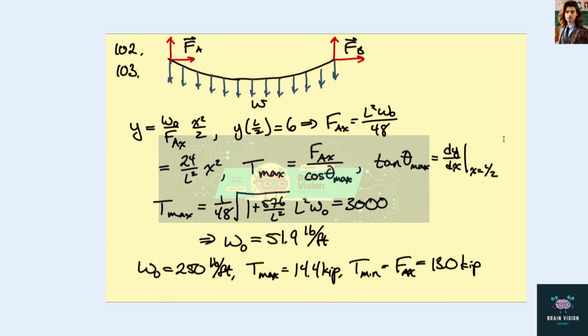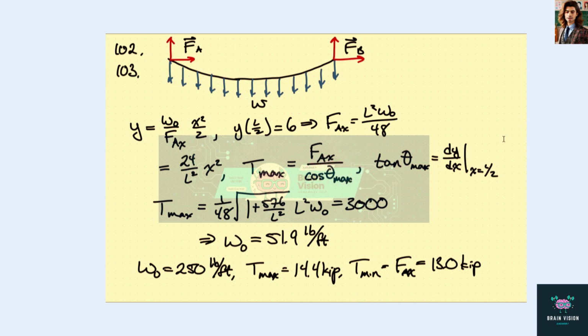So we can figure out what that angle is, because we can look at the derivative of this curve at this point, and that is the tangent of the angle at that point. So we can take the derivative, plug in L/2, take the inverse tangent of that, and then take the cosine of the angle.